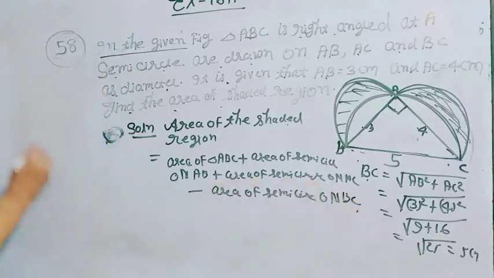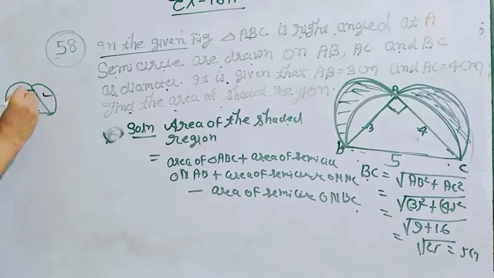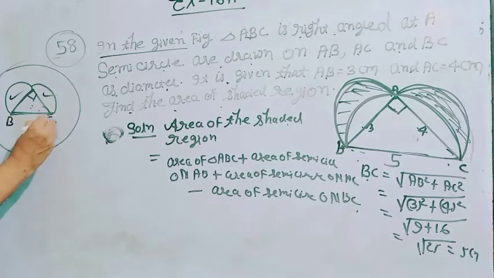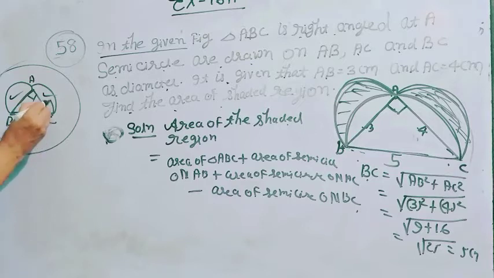How is it possible? See the figure. If it is a right angle at A, then one semicircle is here, the next semicircle is there, and the area of the triangle. Then all figures are three: first semicircle, second semicircle, and third the triangle. Then it is the area of the whole figure. Now take BC as the diameter, and one semicircle is drawn here. So from the whole two semicircles and triangle, you subtract this semicircle.